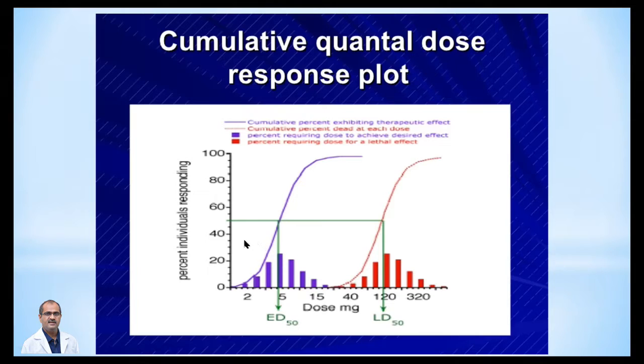Then after that, as the dose goes on increasing, this is the maximal effect. And if you take that maximal effect and go further to a particular dose, there will be death of 50% of the individuals. That's known as the lethal dose 50.